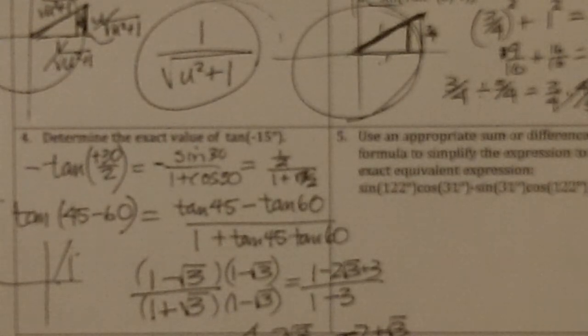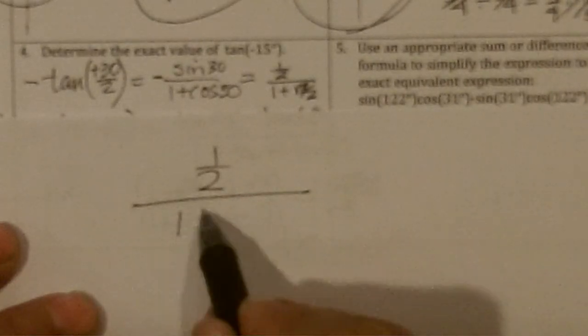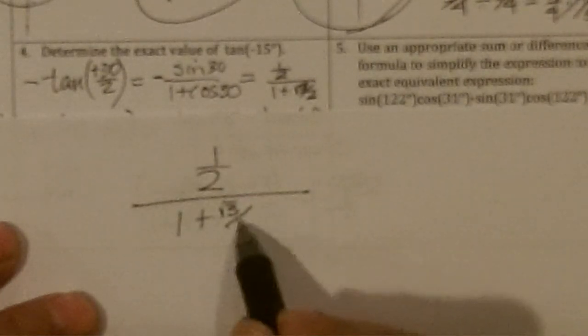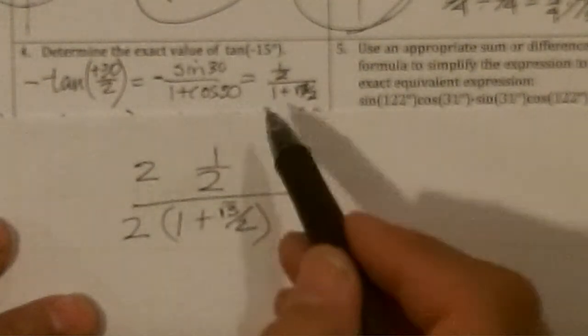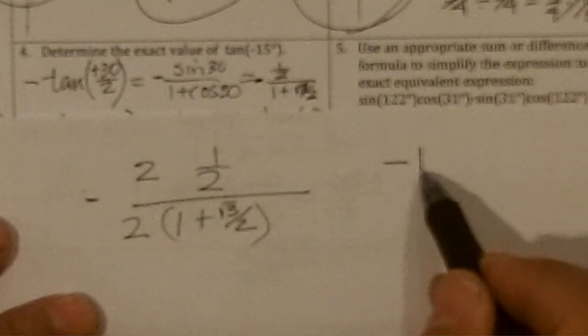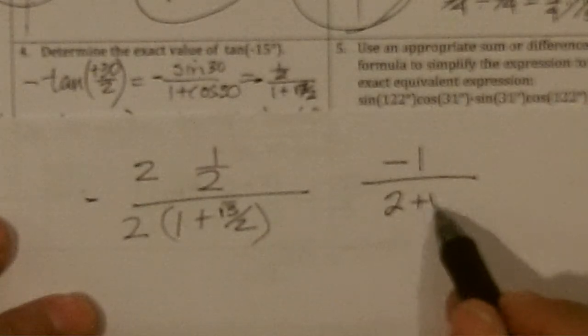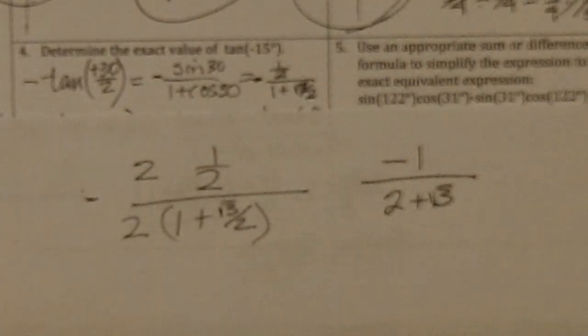Let me pull out another piece of paper so I can do this. Since I'm doing it two different ways, I have 1/2 over 1 plus the square root of 3 over 2. If I multiply numerator by 2 and the denominator by 2, I get, oh, and there's a minus on this. I get minus 1 over 2 plus the square root of 3.